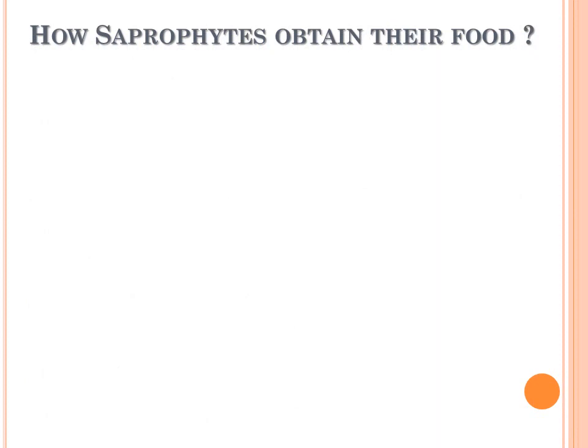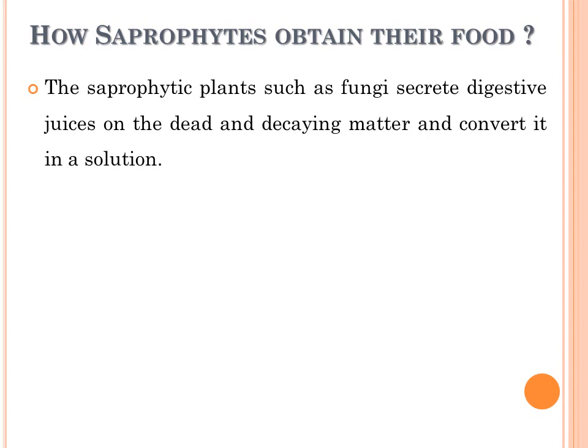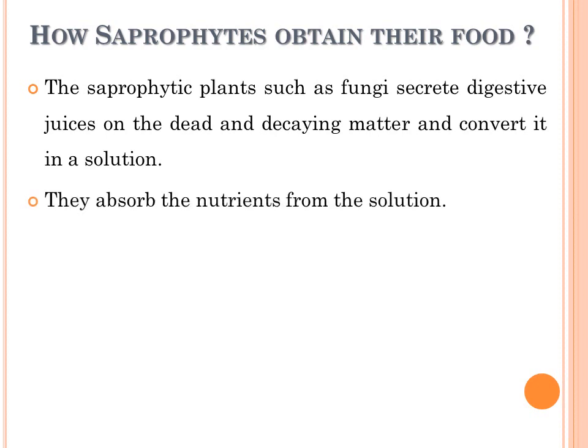How do saprophytes obtain their food? As we have discussed, they are dependent on dead and decaying matter. The saprophytic plants such as fungi secrete digestive juices on the dead and decaying matter and convert it into a solution.